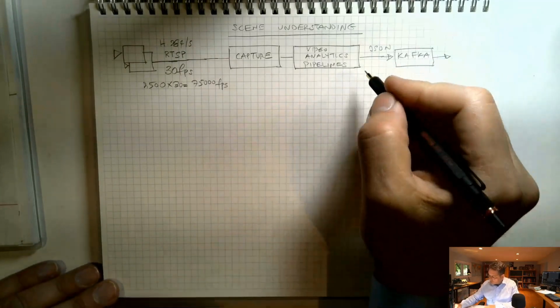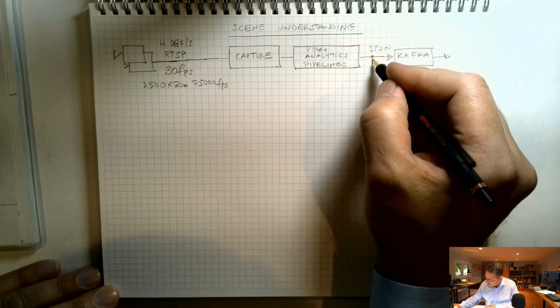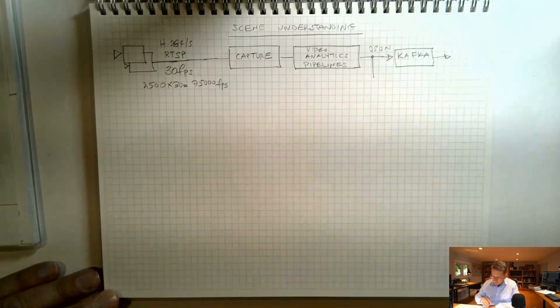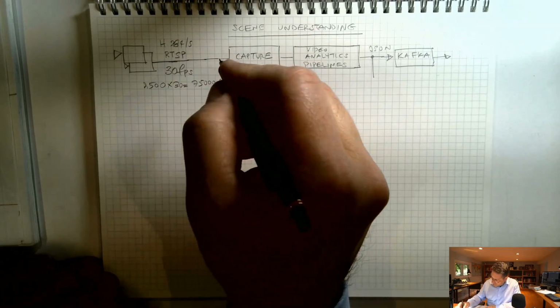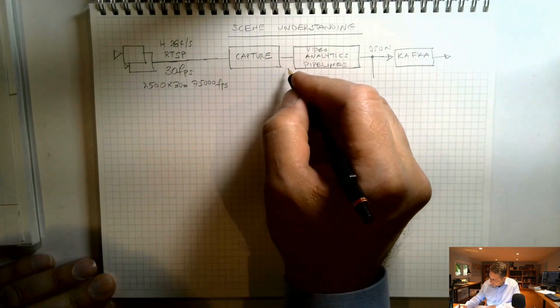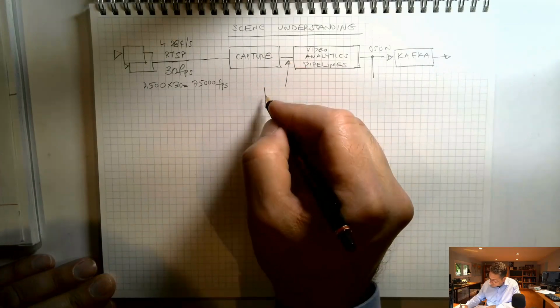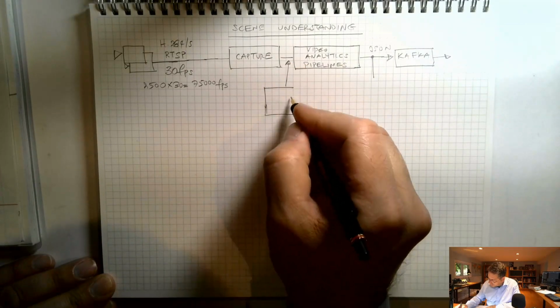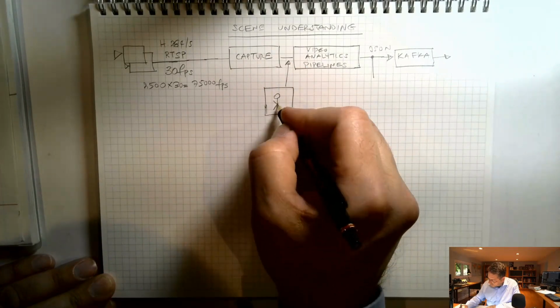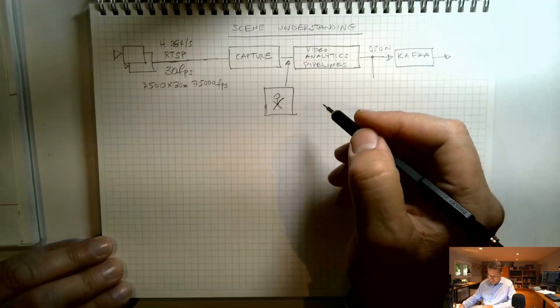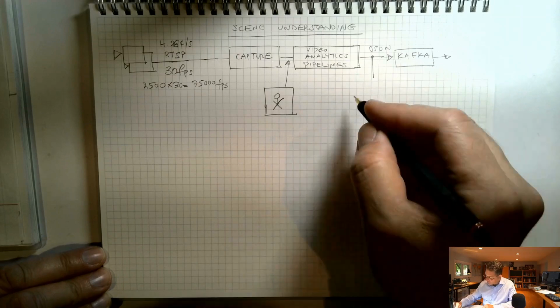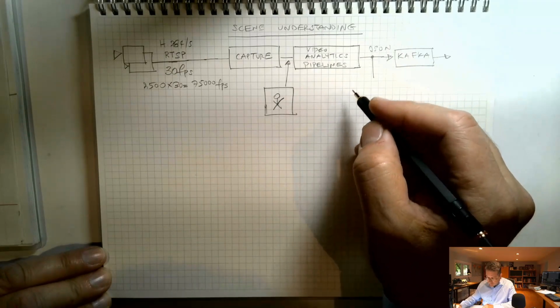But what is really in scope is to understand what is happening over here, what kind of information we are interested in. So let's assume that at the input over here, we have, let's say, the image of a person. Okay, so this frame is coming in, and a couple of things are going to be produced at the output.